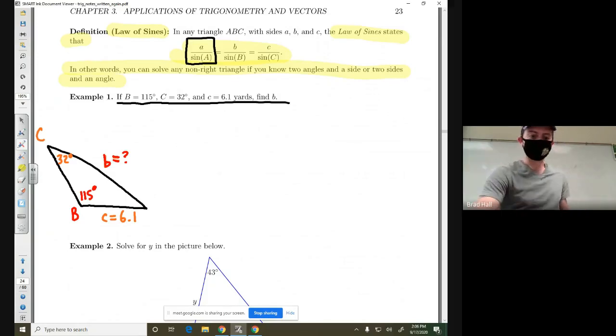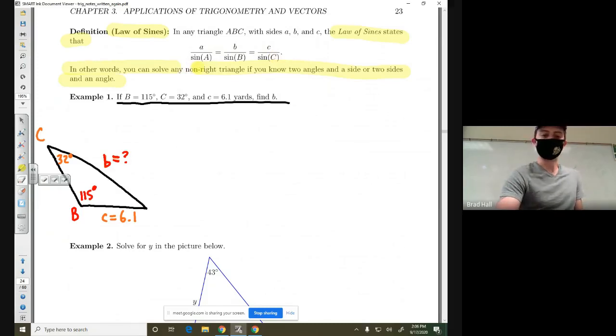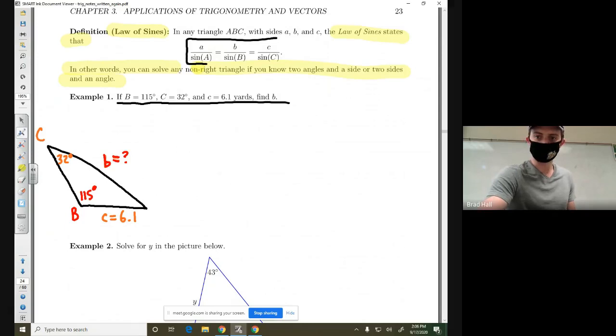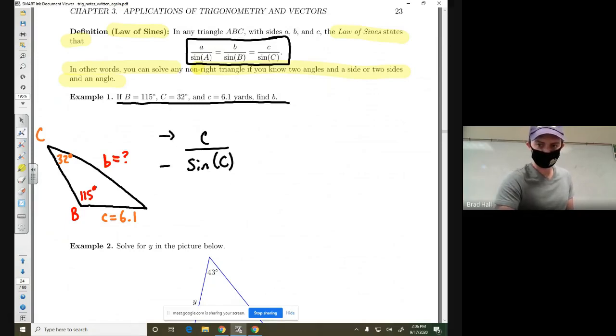How we apply the formula might be similar to when we did similar triangles. What's a ratio that we know? It's the C's. We have a completed ratio, because we know little c and we know big C. So this is a good ratio to utilize.